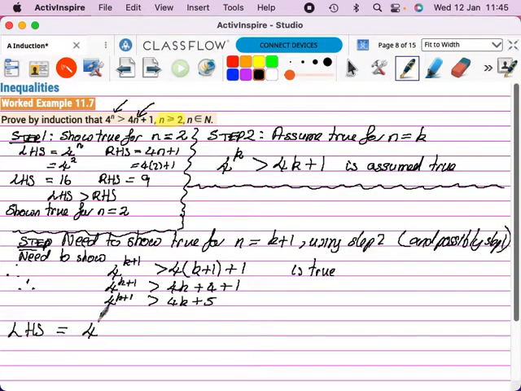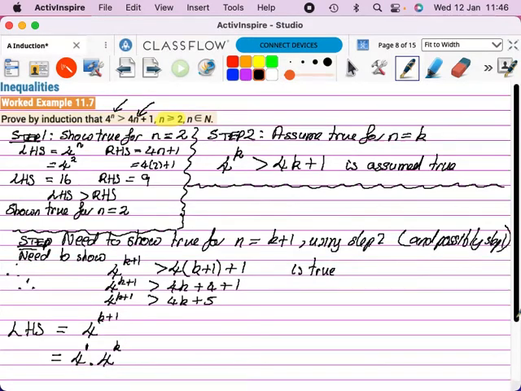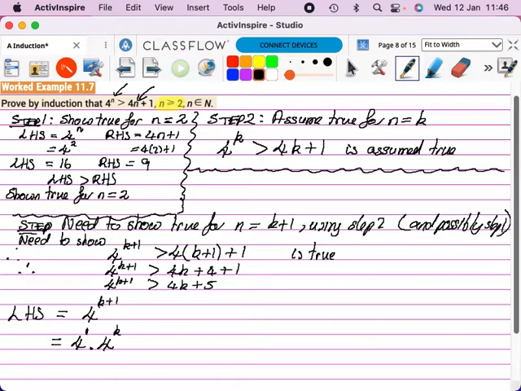And we've got the addition law. We've got powers added together. So the only thing we can do on this is use the addition law. And the addition of powers leads to the multiplication of bases. So we've got 4 to the 1 multiplied by 4 to the k. So there's an outside chance that you've got a method mark for that line.